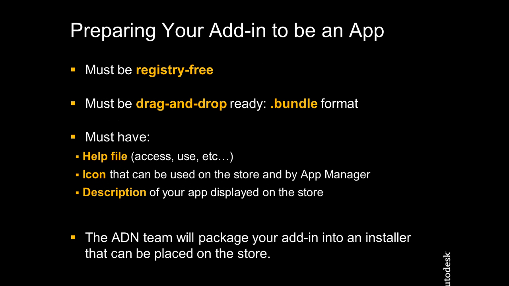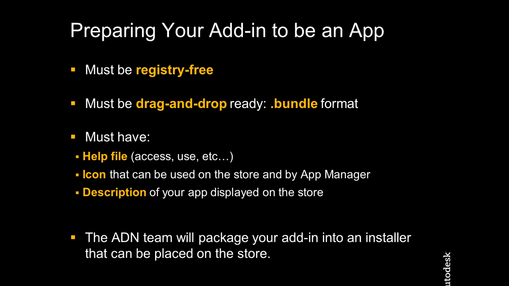So how do you prepare your add-in to be an app? First of all, the add-in must be registry free. Then it must be drag and drop ready. That means it must conform to the bundle format I'm going to talk about in a second. It must have help files that illustrate how to use the application and that describe what the application is doing, an icon that can be placed on the store and in the Inventor App Manager, and as well a good description of your application that will be placed on the store for the users.